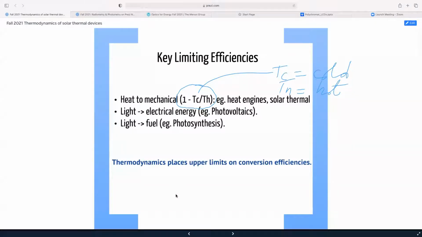So remember the paper we talked about, where they were trying to cool the building by utilizing the coldness of space. The difference in temperature between the surface of the Earth and the coldness of space is what they're using to do the work.